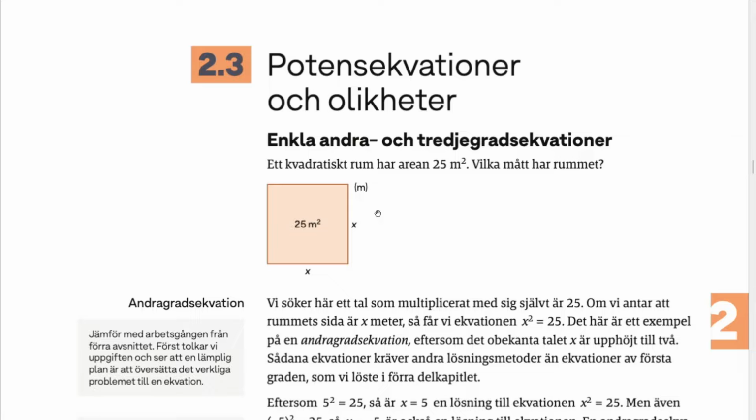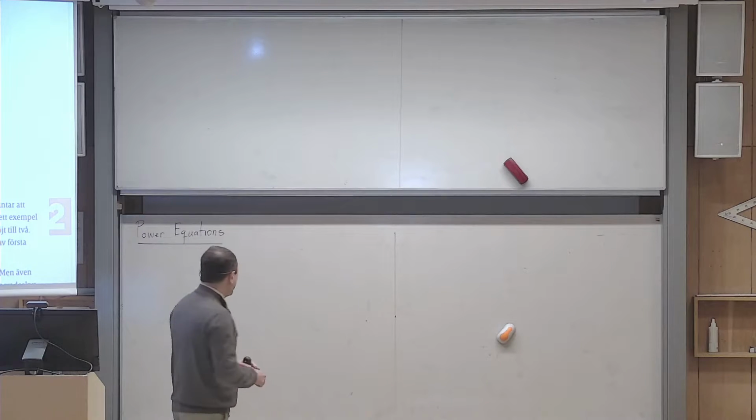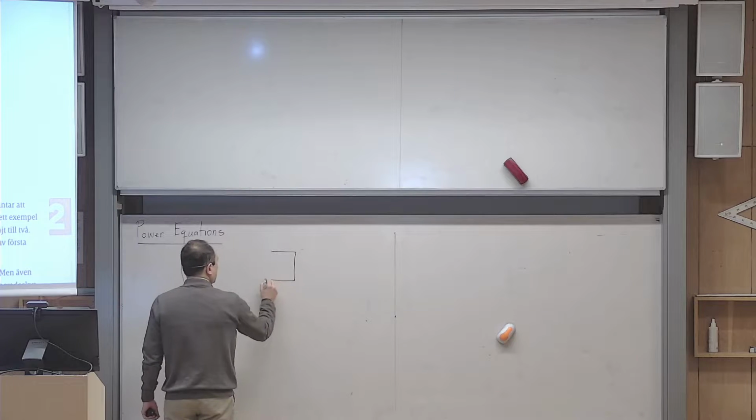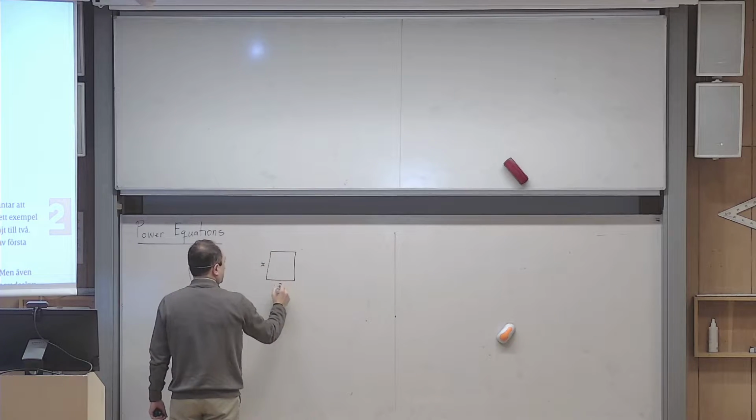But the question is the other way around. Sometimes you know the area for some reason, and you are interested in finding the length of that. So what does it mean? It means that if you want to solve that problem, you would say that, okay, I have this x here, and this is 25 meters squared.